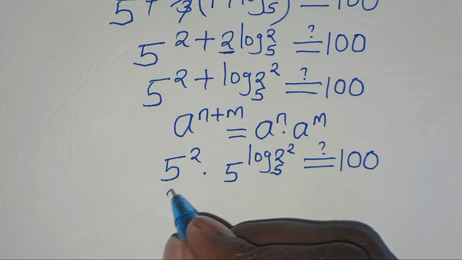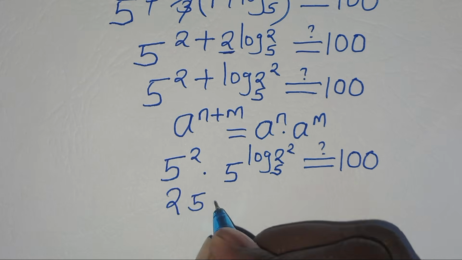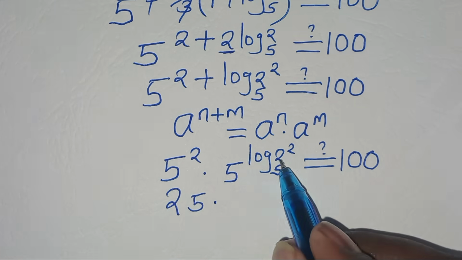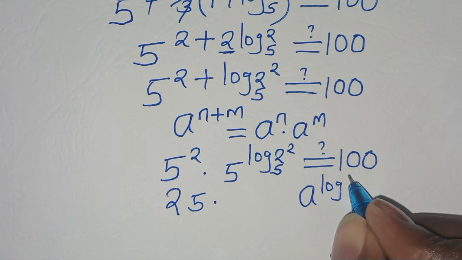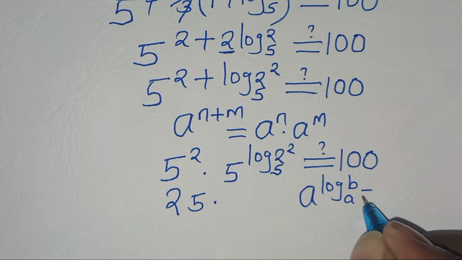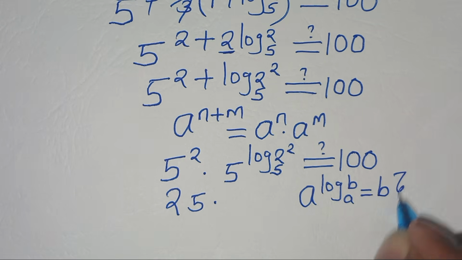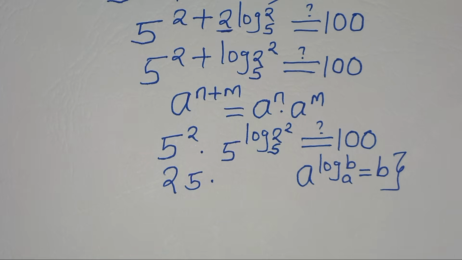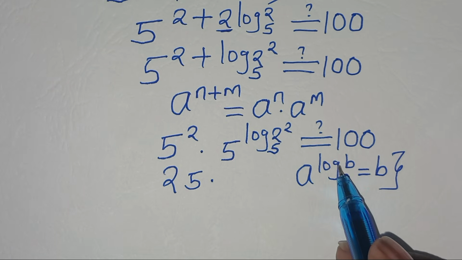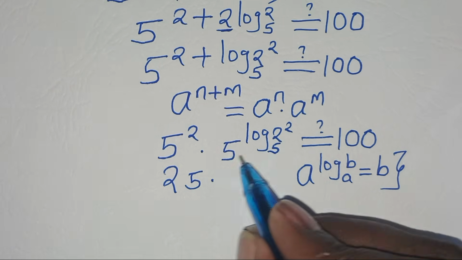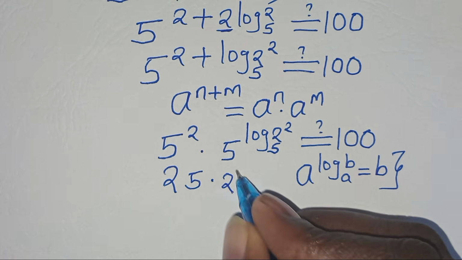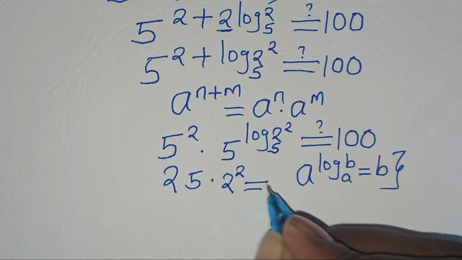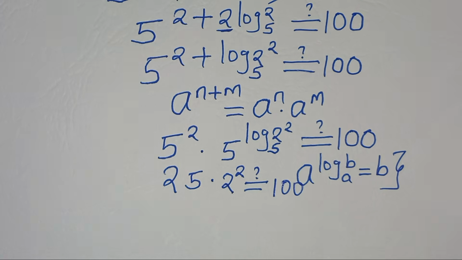So 5 squared is 25, multiplied by 5 to the power of log 2 squared to base 5. This is in the form of a to the power of log b to base a, and this should give us a value of b. Let's apply this property, so that now 5 raised to the power of log 2 squared to base 5 is 2 squared, and this should give us a value of 100.